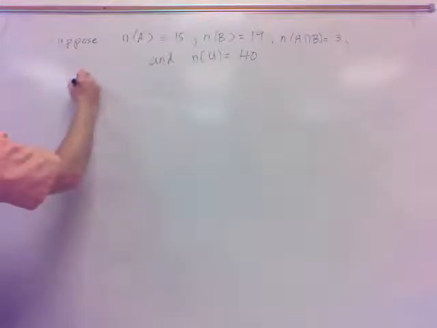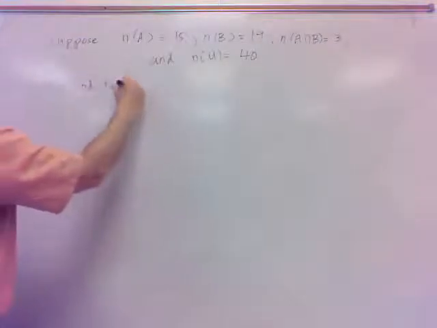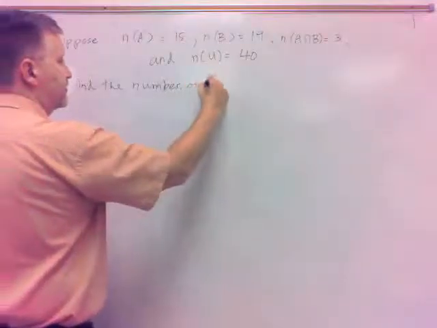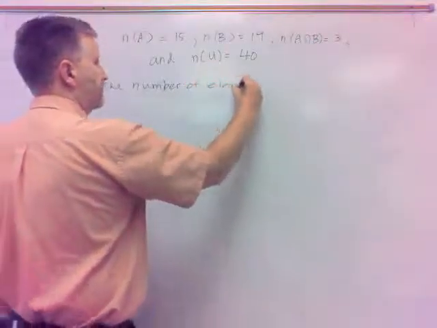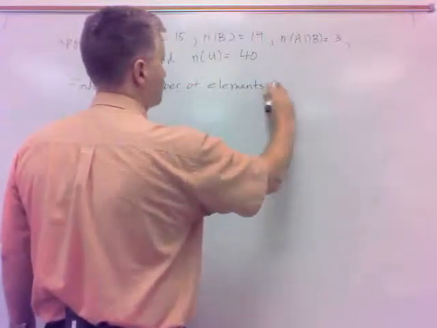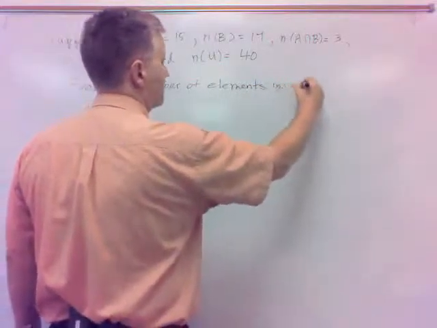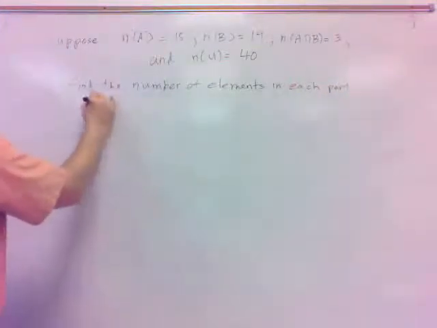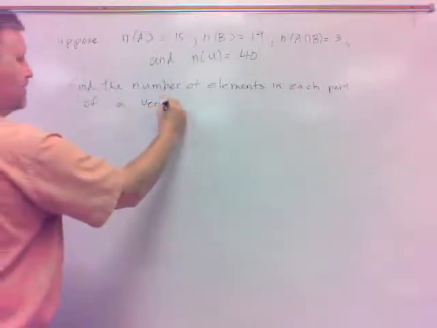Okay, that's the information provided. Here's what I want to do. Find the number of elements in each part of a Venn diagram.